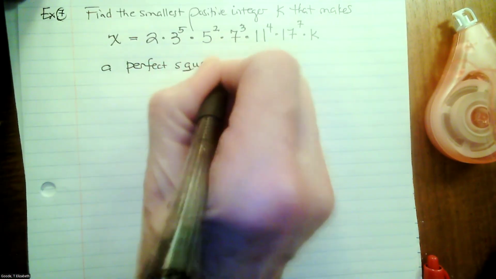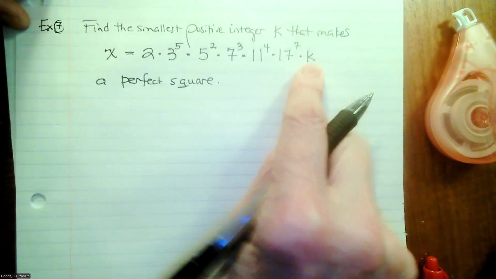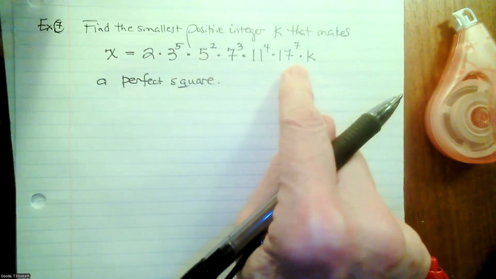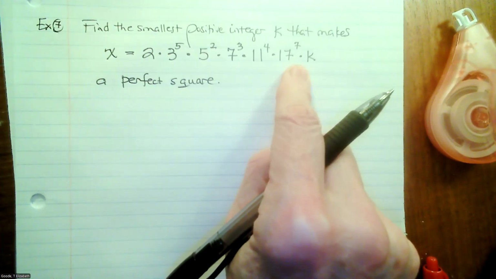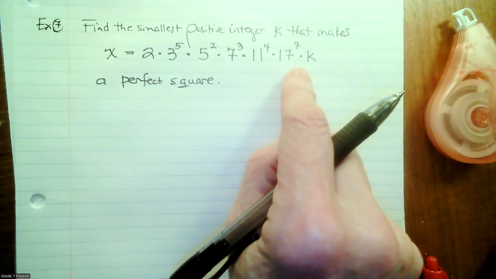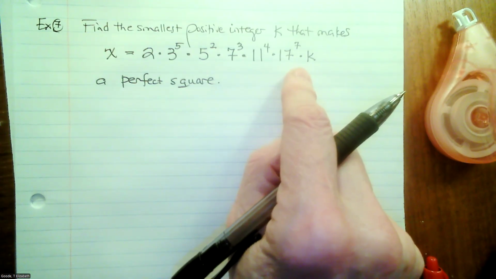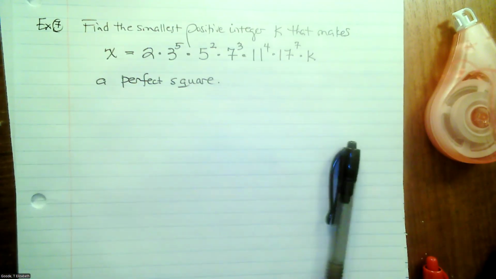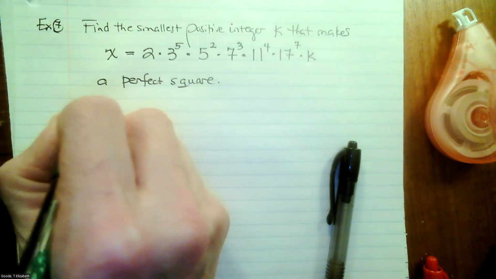So we want to build k so that it corrects any of these exponents to make them even if they aren't already even. Remember that kind of problem?